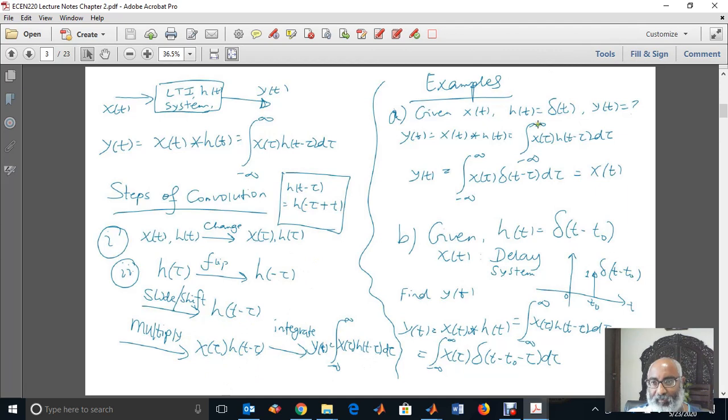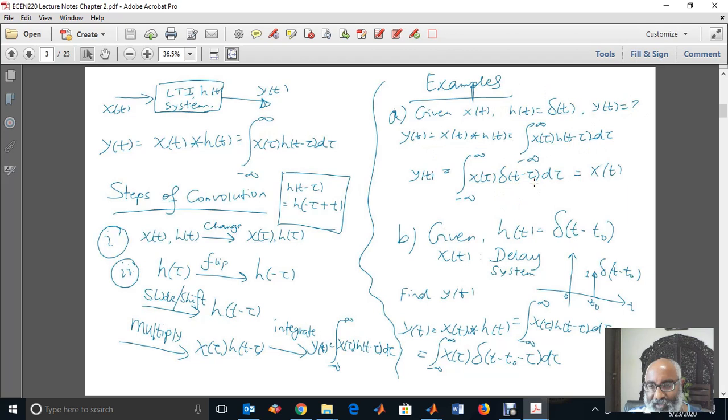Okay, let's start with an example. The first example: let h of t be Dirac t, the impulse itself, and I have an input x of t, any input, and a system which is Dirac t. What will be y of t? We follow the steps. y of t is x of t convolved with h of t, the integral from minus infinity to infinity of x tau h of t minus tau d tau. h of t minus tau will be Dirac t minus tau d tau. But what is Dirac t minus tau?